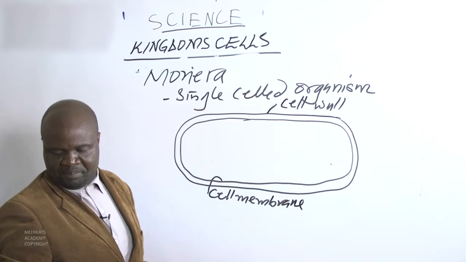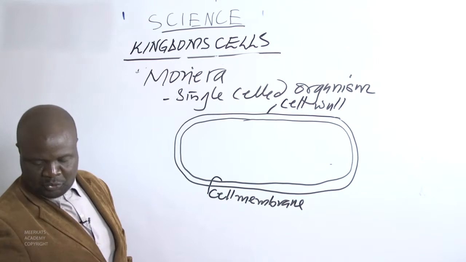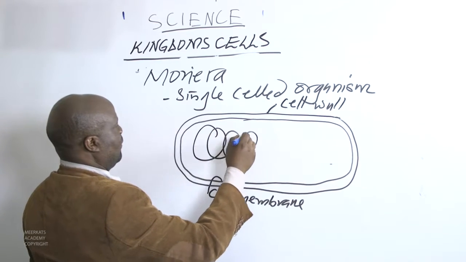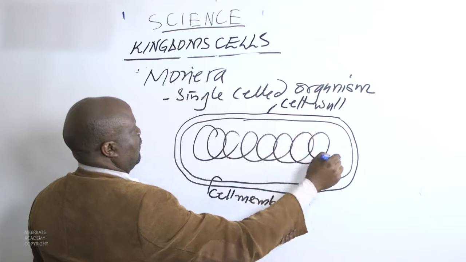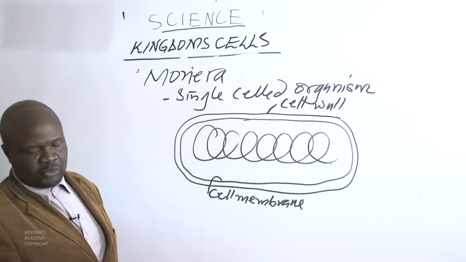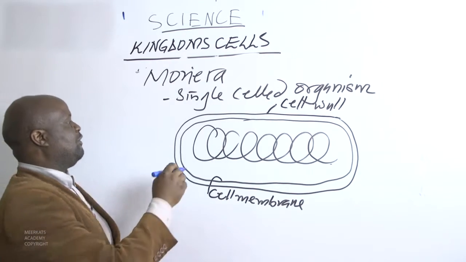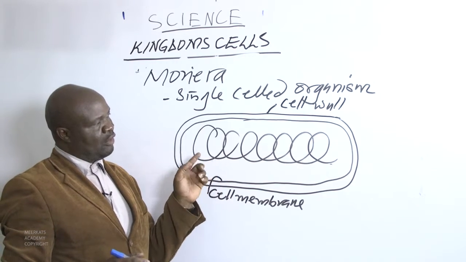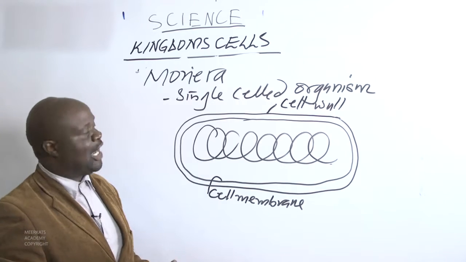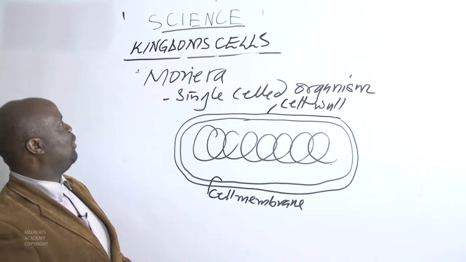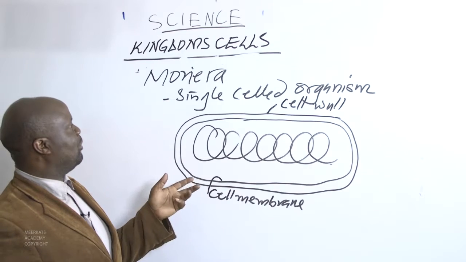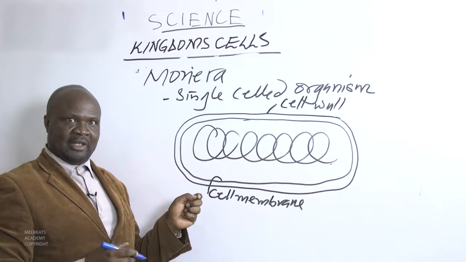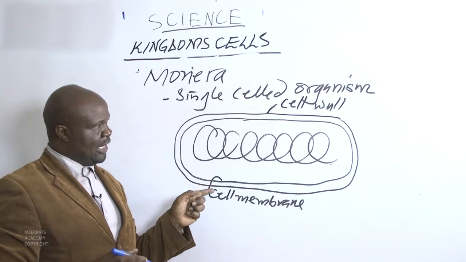When it comes to the nucleus, we have a structure in between, which we cannot classify as a nucleus completely. Organisms in the Manera Kingdom fail to show clearly whether there is a nucleus within them.